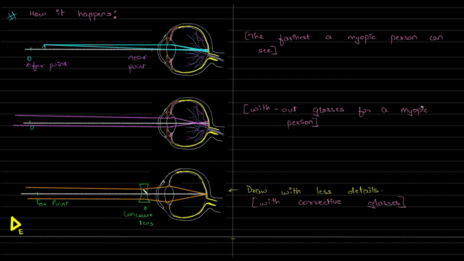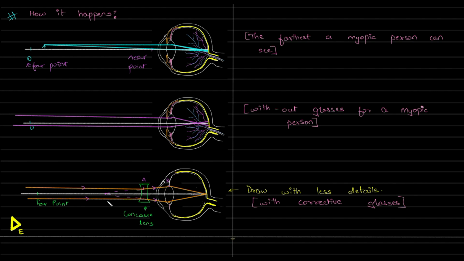If I follow this light path, if I call this point A and this B, if I follow AB, I'll be able to trace it to something like this. Again, I'm tracing it. By default, a concave lens produces a virtual erect image on the same side as the object. So in this case, it's over there.